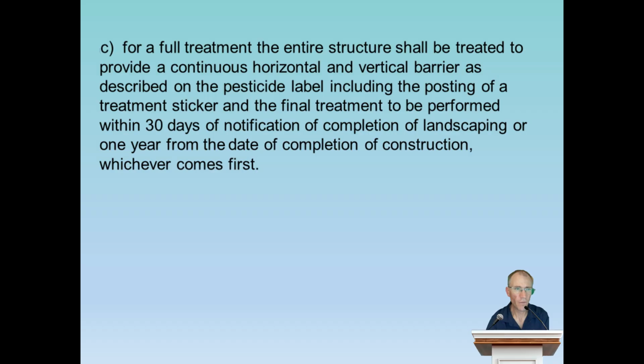C. For a full treatment, the entire structure shall be treated to provide a continuous horizontal and vertical barrier as described on the pesticide label, including the posting of a treatment sticker and the final treatment to be performed within 30 days of notification of completion of landscaping or 1 year from the date of completion of construction, whichever comes first.